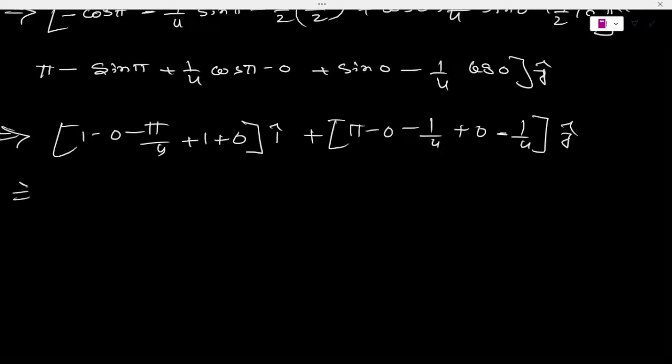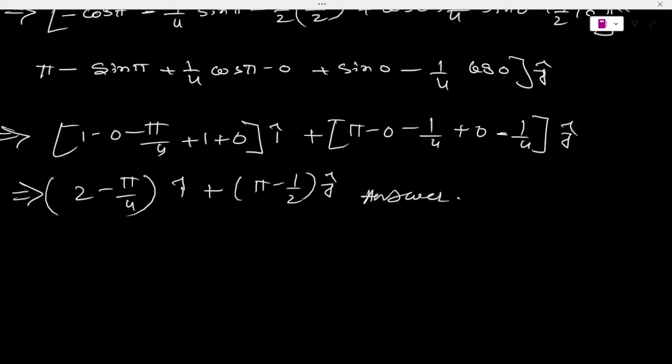So it will be around 2 minus pi by 4 i cap plus pi minus 1 by 2 j cap. This will be the answer.